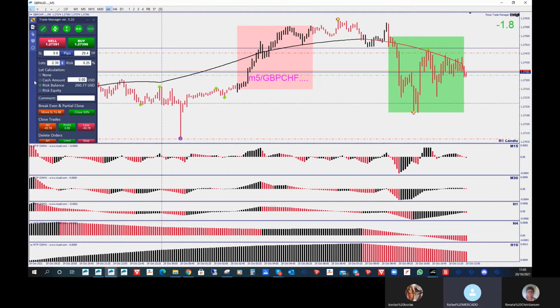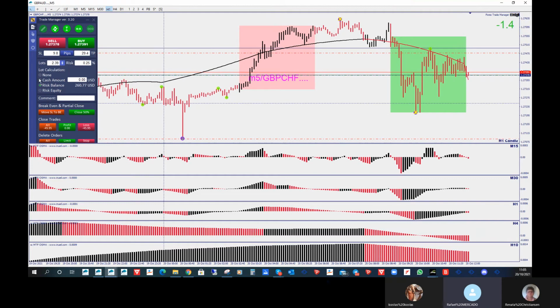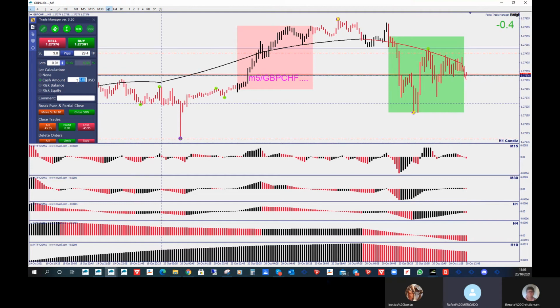So you can set your risk as a percent of risk balance or cash. For example, I want to risk only $100, and it's going to calculate your lot size.